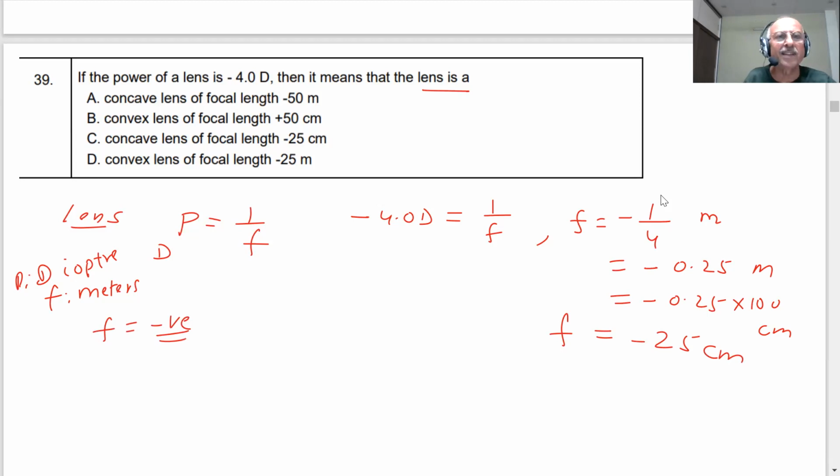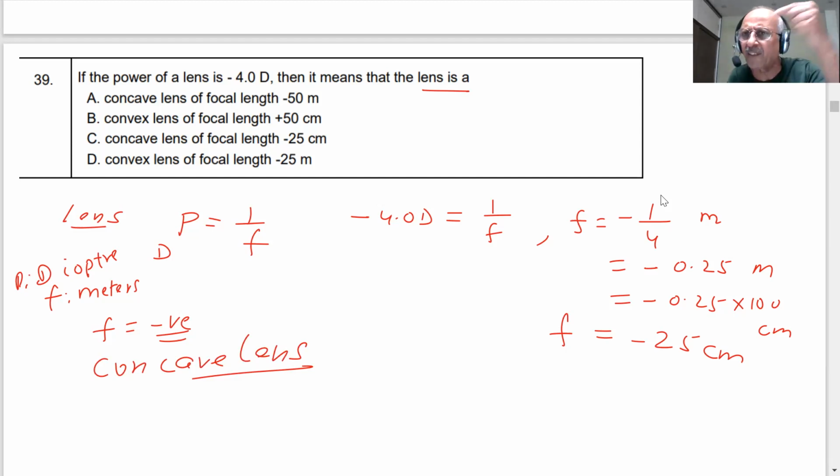So if the focal length is negative, then what type of lens should it be? There are two types of lenses you have studied, convex and concave. A convex lens has a positive focal length. The light rays are coming, and this is the focus of a convex lens, student.